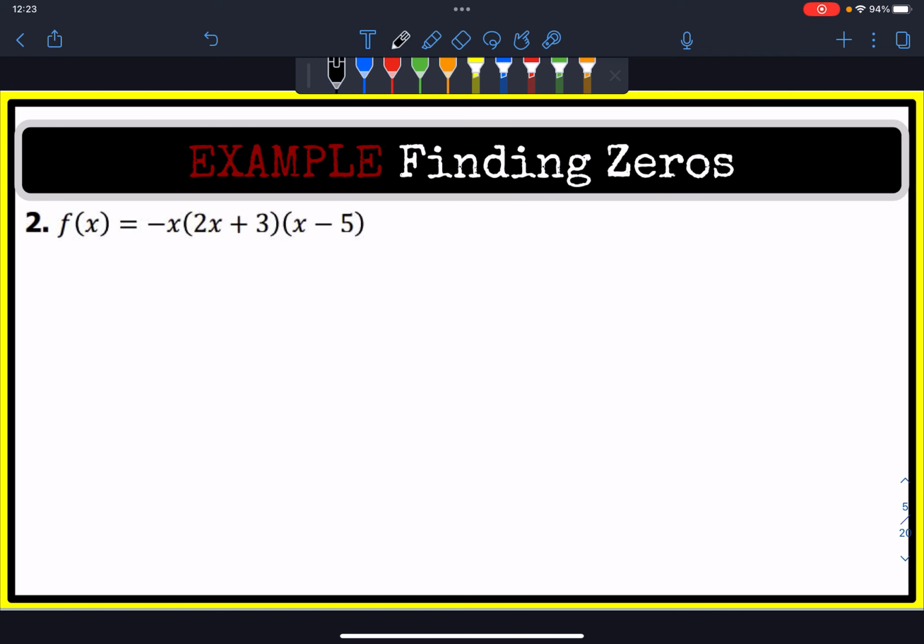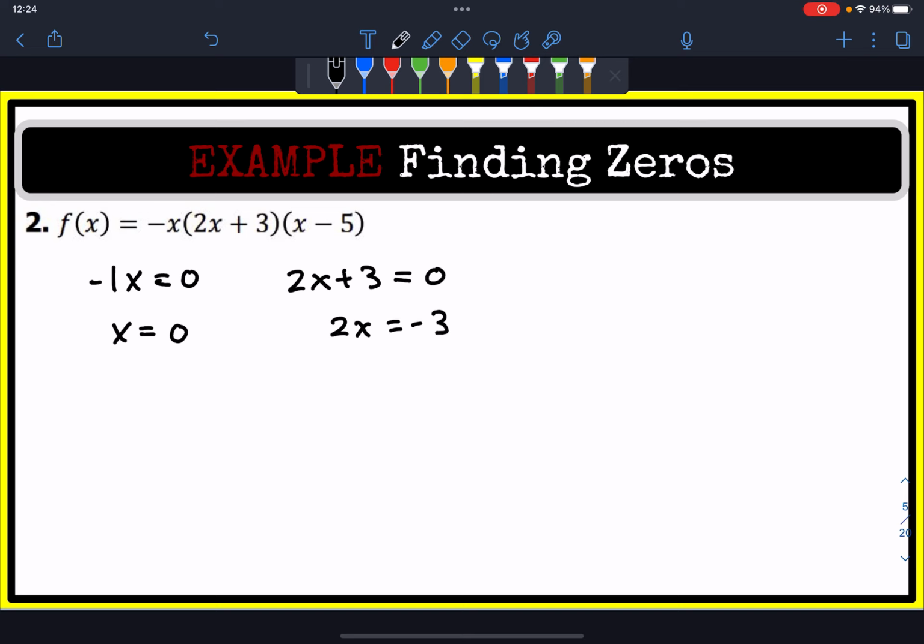So let's try this example. Pause the video and then come back and check your work. So for this example here, negative x is equal to 0 when x is equal to 0. 2x plus 3 is equal to 0 by subtracting 3 from both sides and then dividing by 2, we end up with negative 3 over 2.